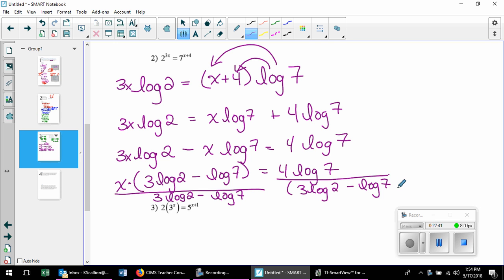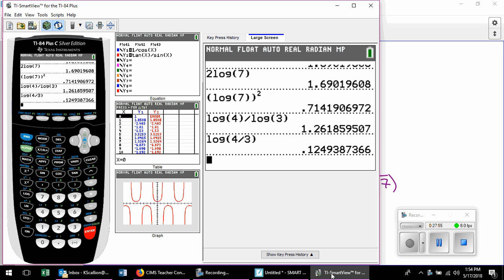So how would we do this in our calculator? Use brackets. Use a lot of brackets. So my top was 4 log 7. You got to close that bracket.